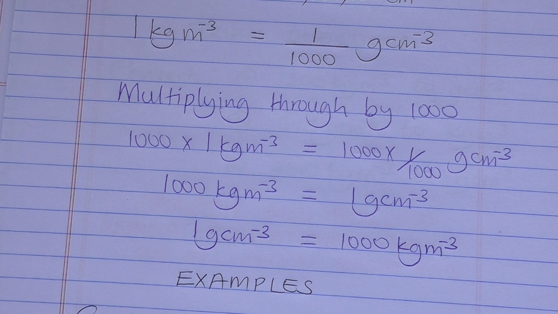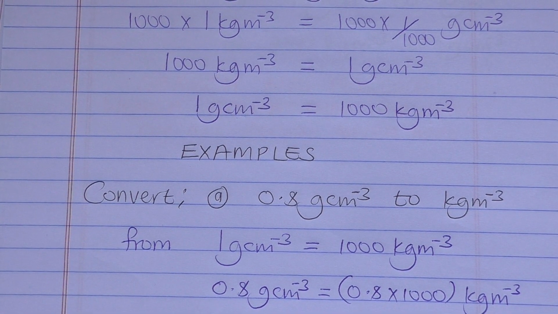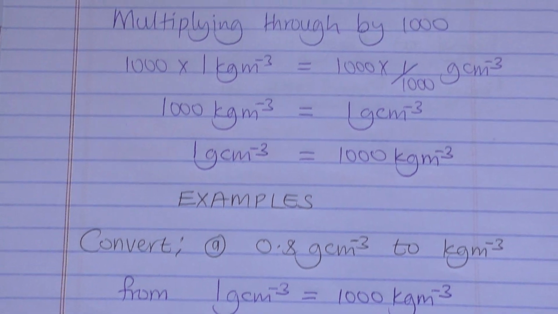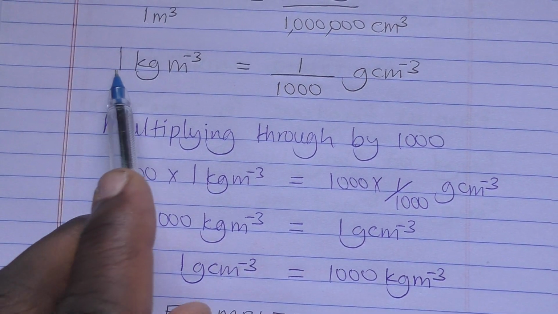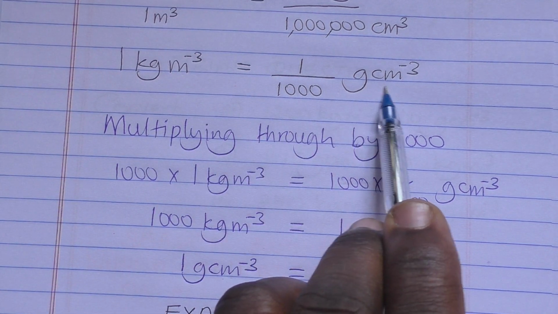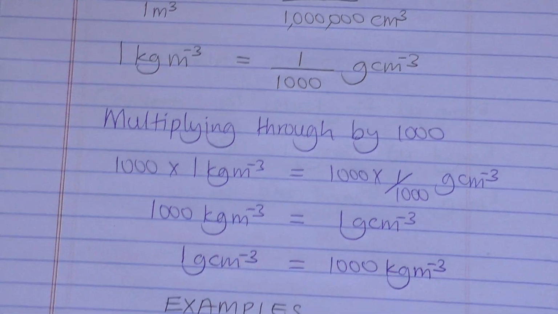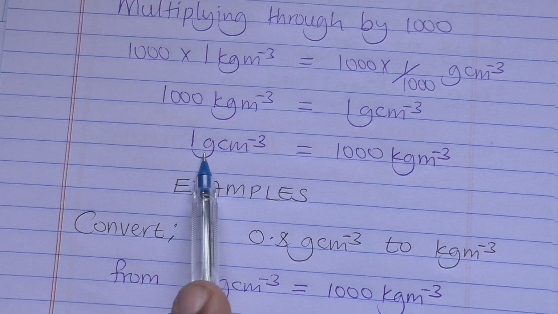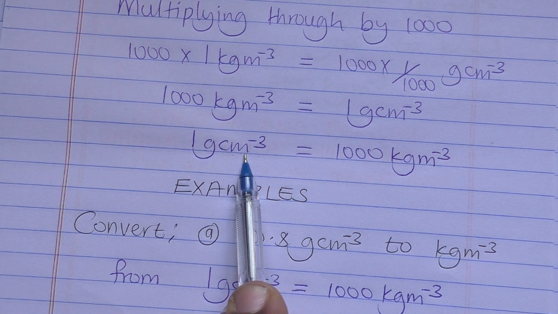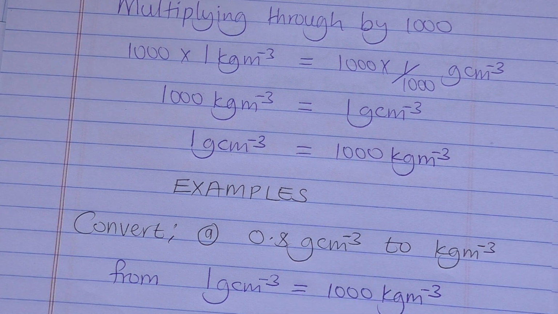Let us look at examples. Examples of conversions. However, before we look at examples, I want us to summarize this. When converting from 1 kilogram per meter cubed to gram per centimeter cubed, we divide by 1,000. While when converting from grams per centimeter cubed to kilograms per meter cubed, we multiply by 1,000.